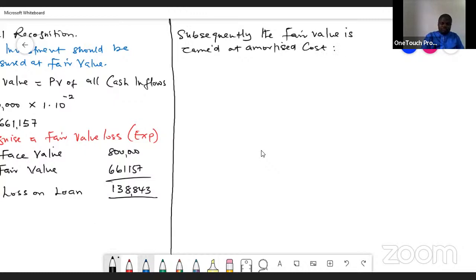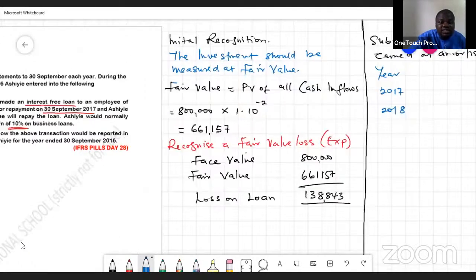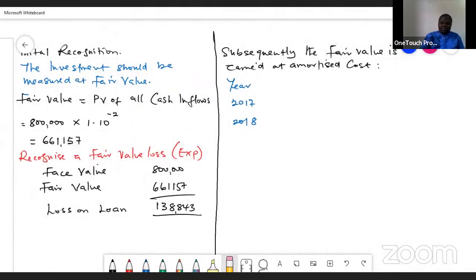So you have the years 2016, 2017. So balance at year end, effective interest.